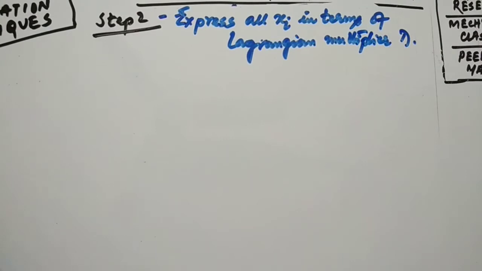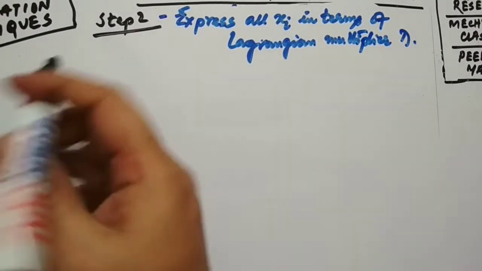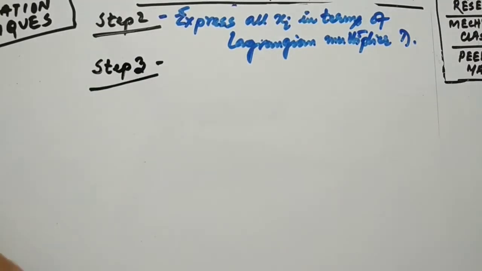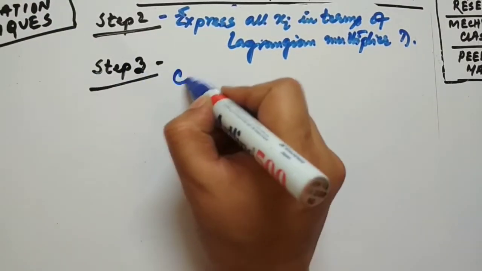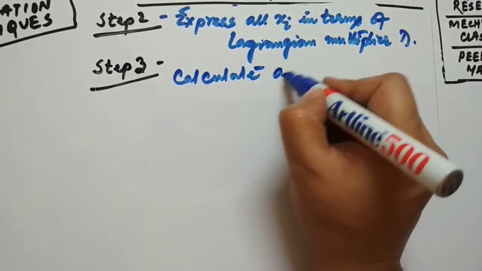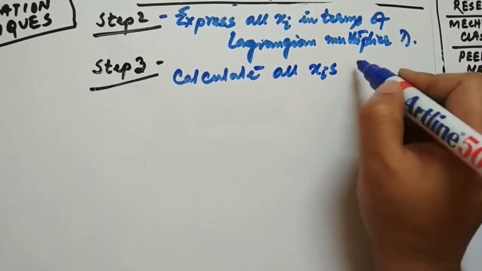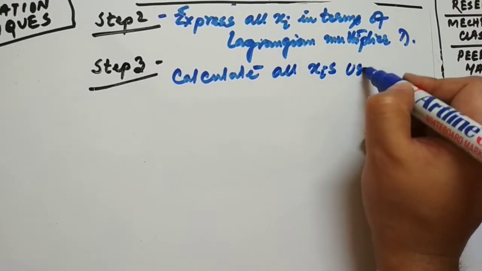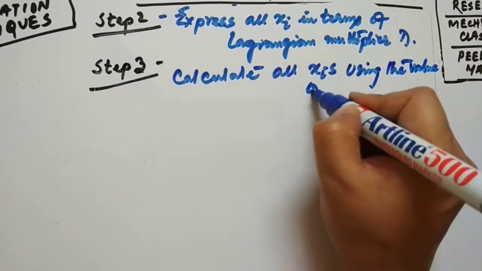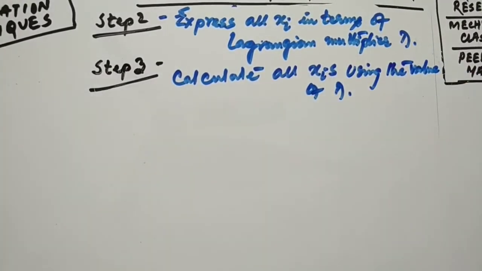Then comes step 3. Step 3 says: calculate all xi using the value of lambda.